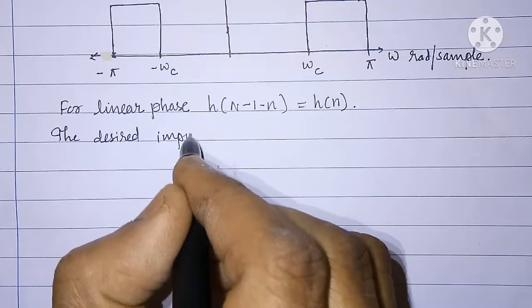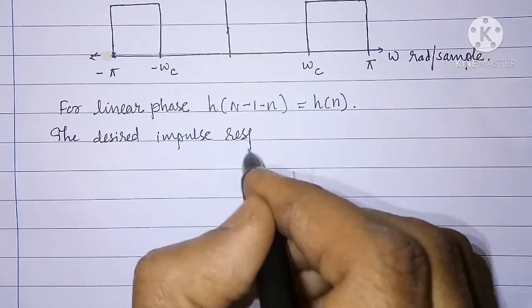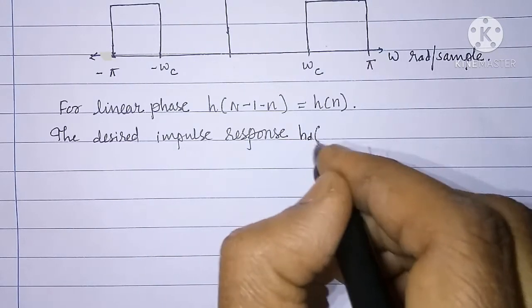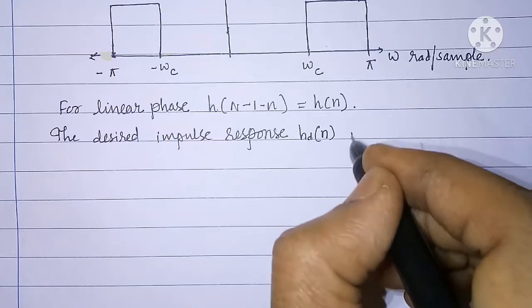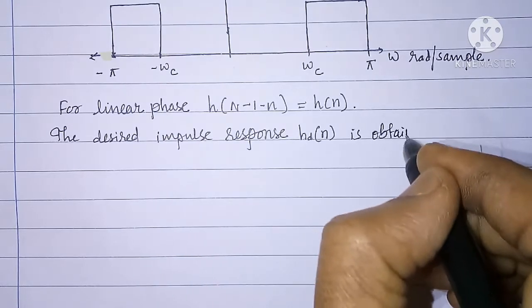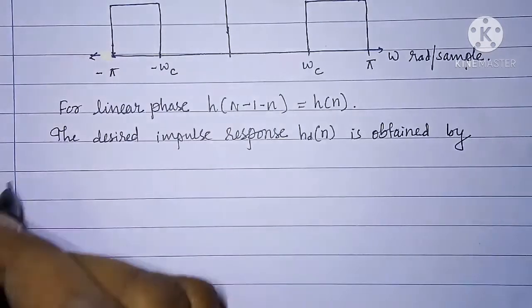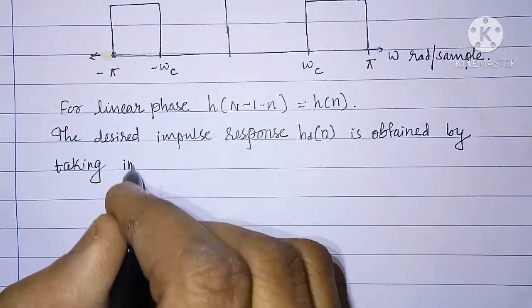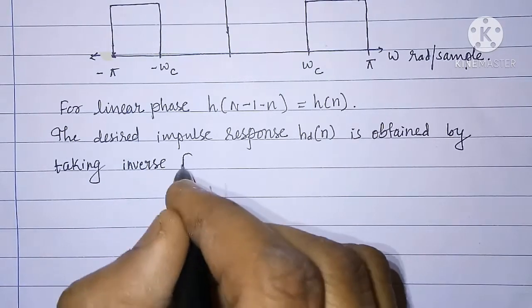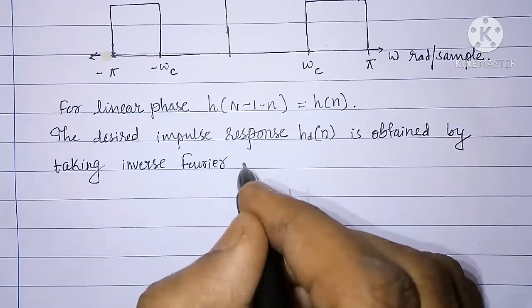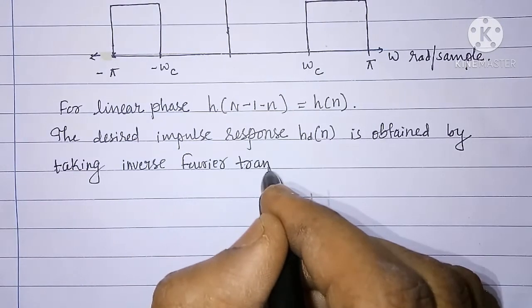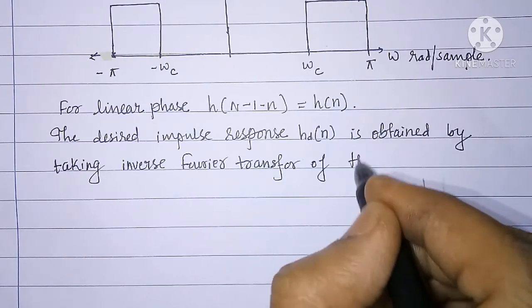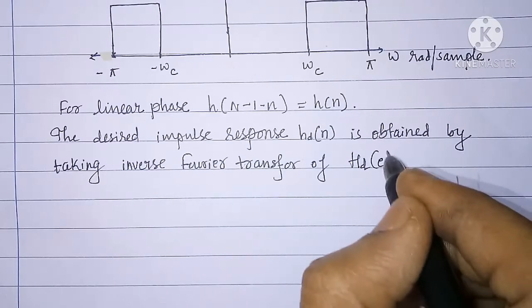The desired impulse response HD of n is obtained by taking inverse Fourier transform of HD of e raised to j omega.